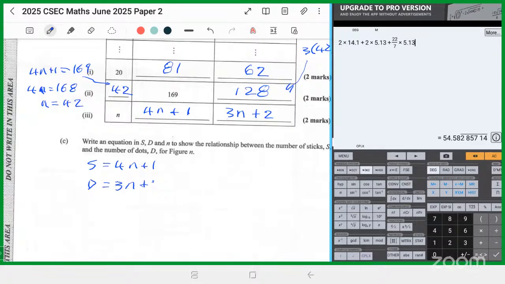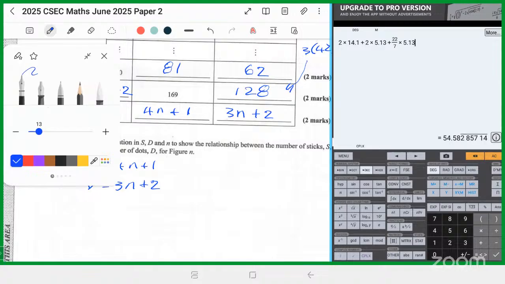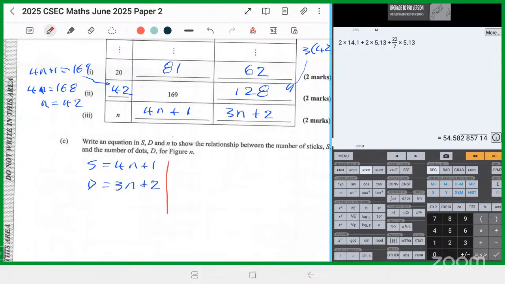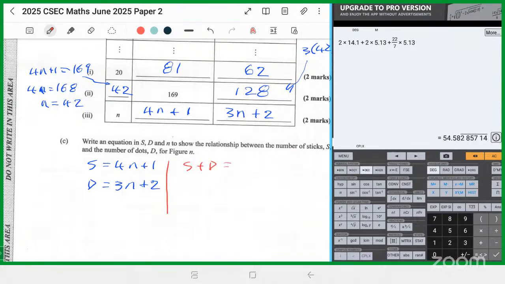So you can, for example, do a number of things. You can add them. I guess any one of these, and I'm sure there are others. We can do S plus D and add these two sides and add everything over here. When I add these, you're going to get 7N, plus add these, you're going to get 3.